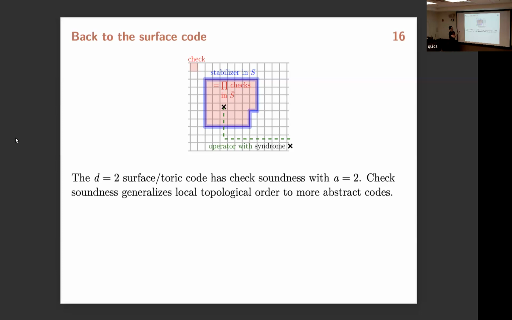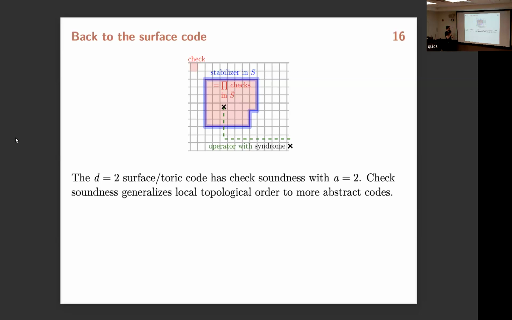This is check sound because if I take any stabilizer, which is a product of x's or z's along a closed loop, then just by high school geometry, the perimeter of this loop bounds the area enclosed within the loop by order perimeter squared. That's precisely check soundness with a equals 2, which is sufficient for our theorem to apply. So our theorem also includes the surface code.